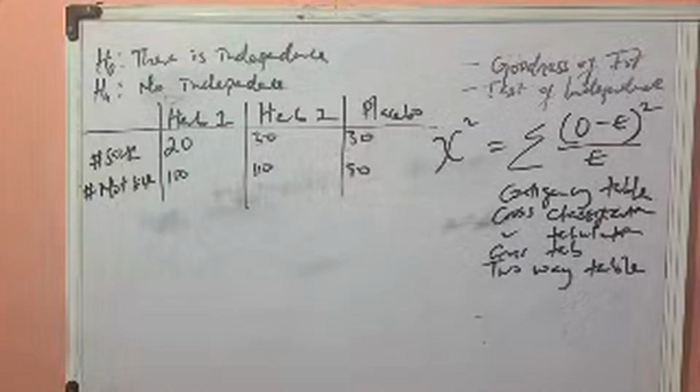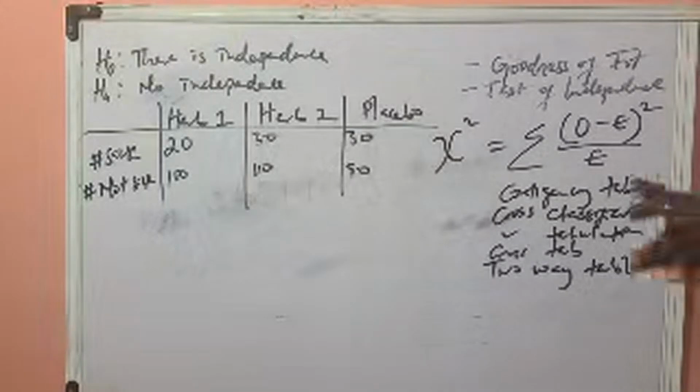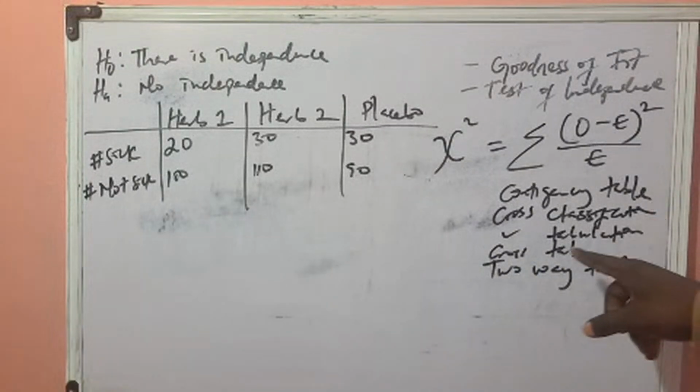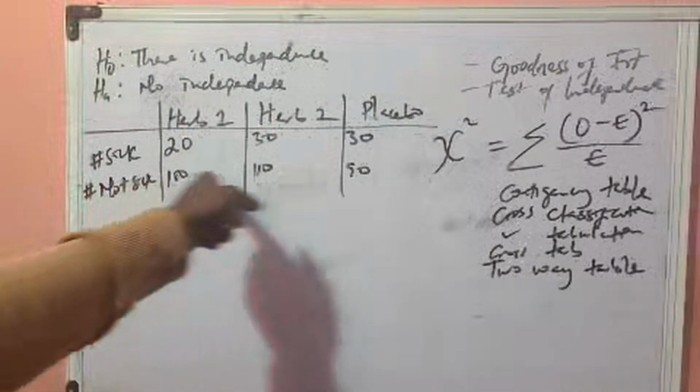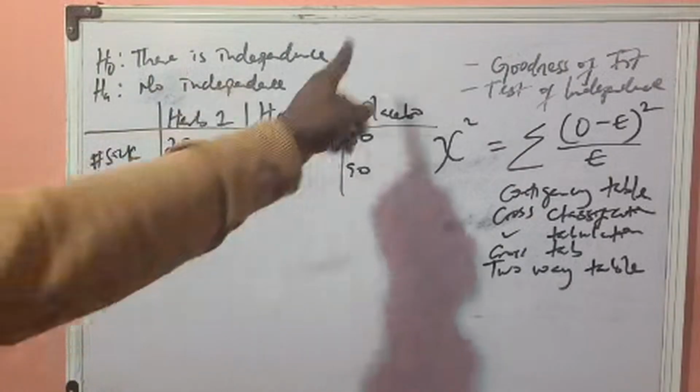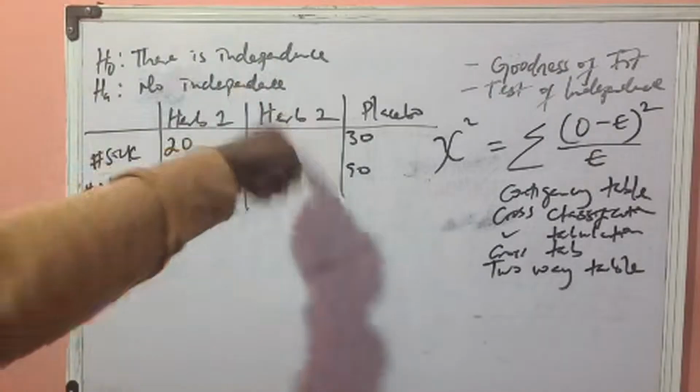So all these are different nomenclatures you can give to a table like this. Of course, I said contingency table is the most statistical name you may want to use. Now, what does all this mean? You can see the names being given: contingency table, cross classification, cross tabulation, cross tab, two-way table. You can see that in this cross tabulation, you have two rows and three columns.